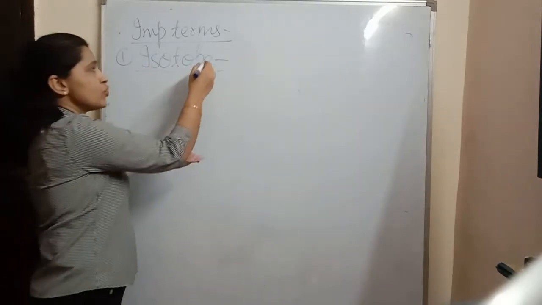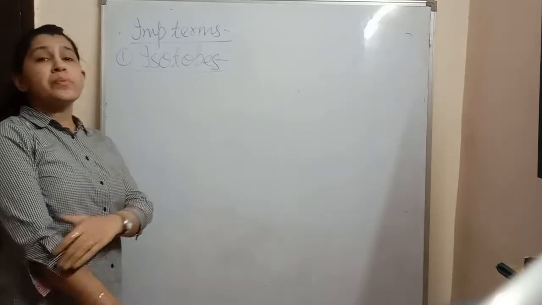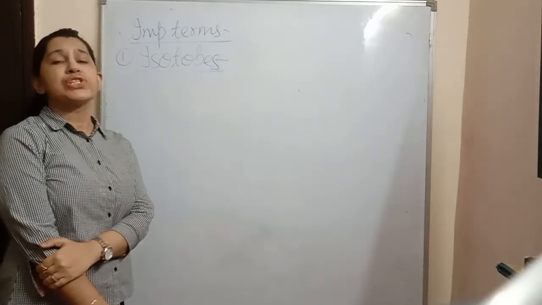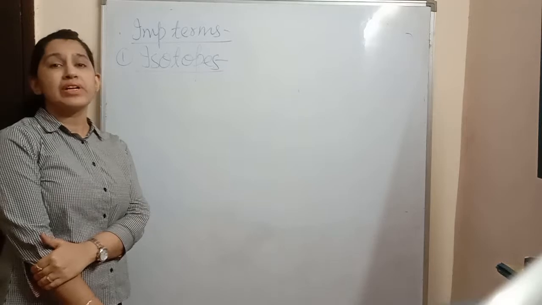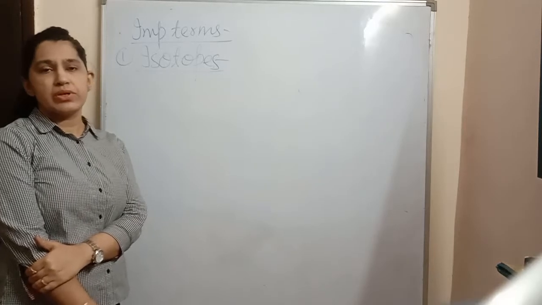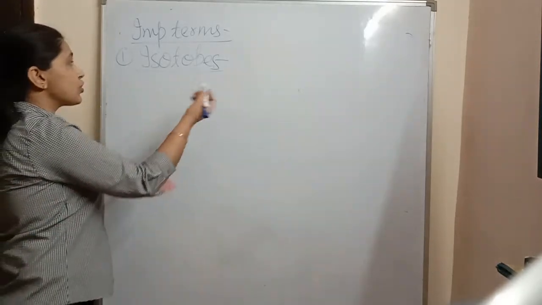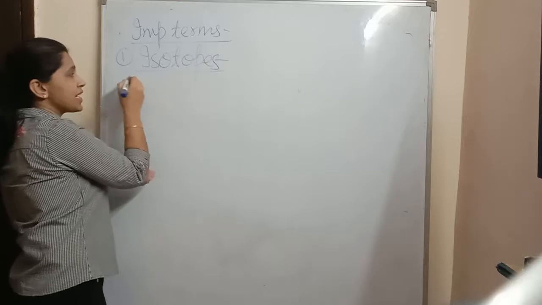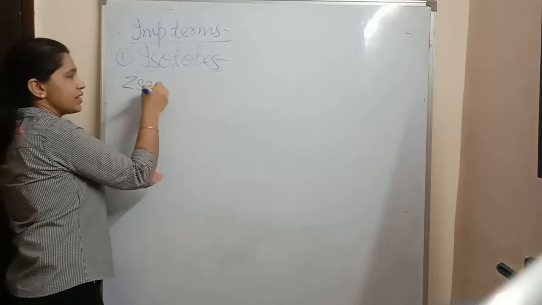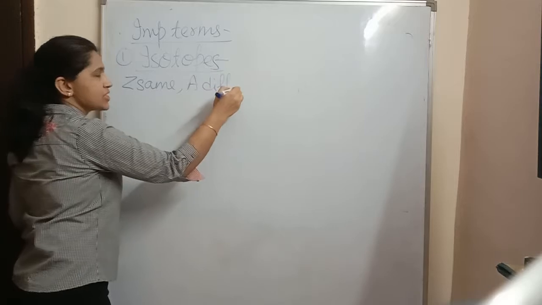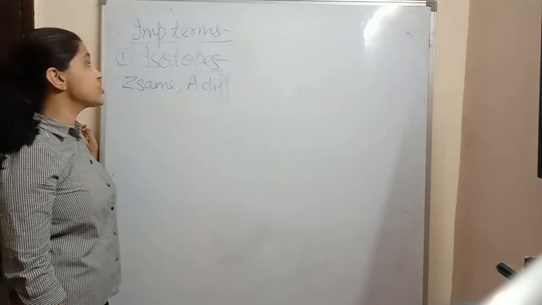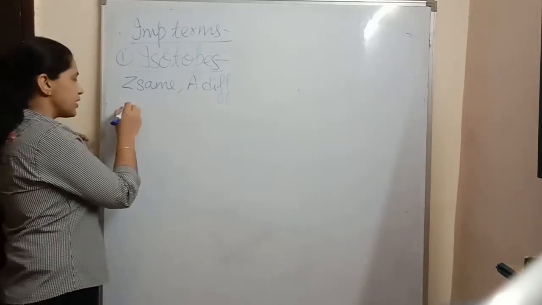What are isotopes? Isotopes are the atoms of the same element with the same atomic number but different mass number. So the electrons are the same, Z is the same, but A is different. Z is the same but A is different. That is called an isotope.